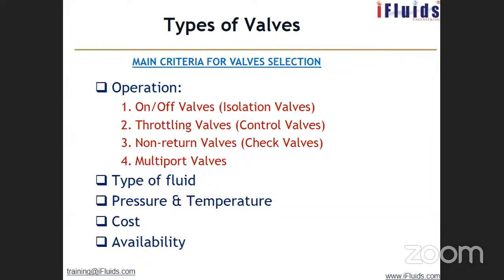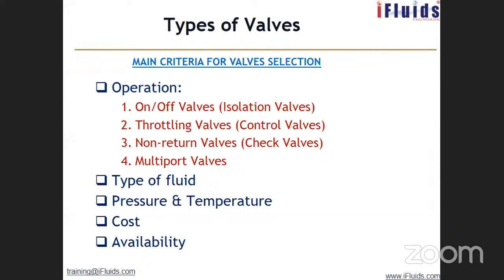The type of fluid determines the metal of construction and type of valve. If the fluid is a clean liquid, there may not be a problem. If it is a slurry that has some solids, we have a certain type of valves for that. So the fluid determines the particular type of valve. And of course, pressure and temperature will determine the valve mechanical requirements.